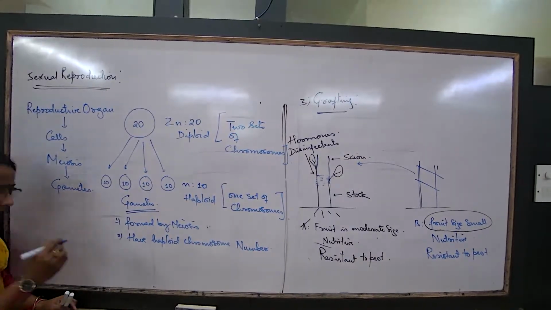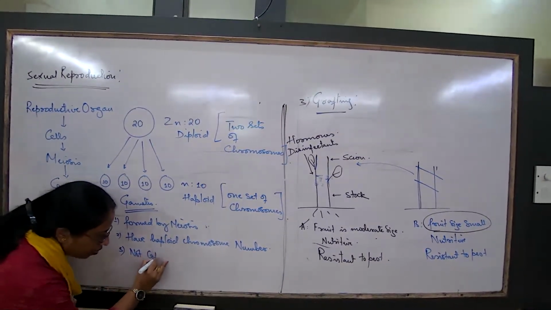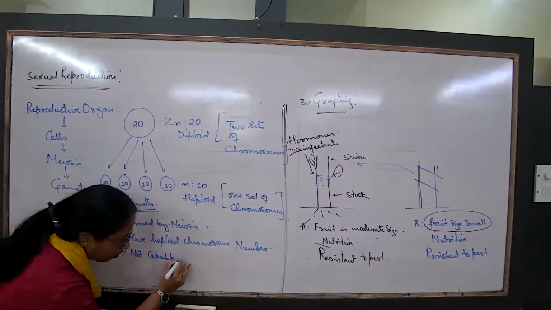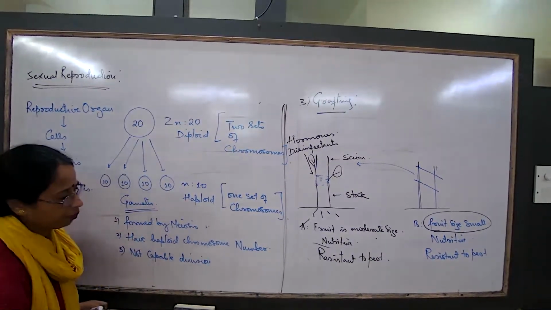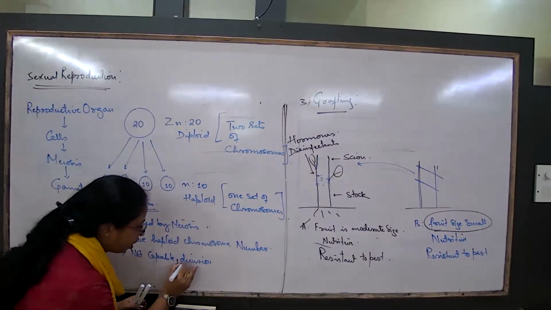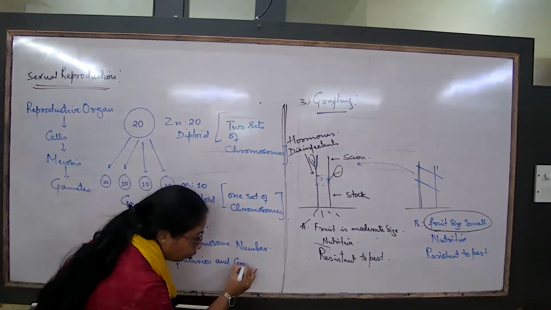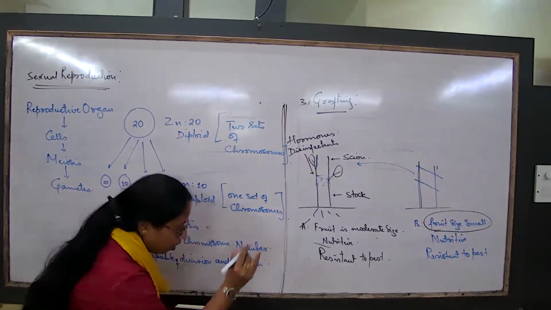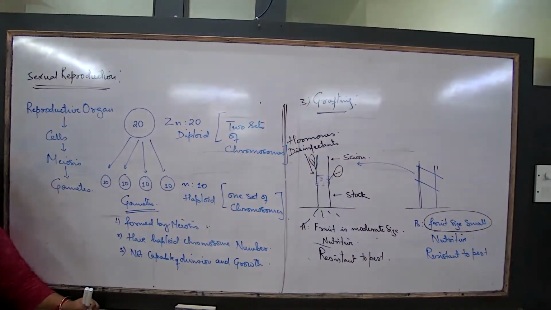So I would write the third point: not capable of division and growth on their own. And we will talk about the concept of fertilization later.